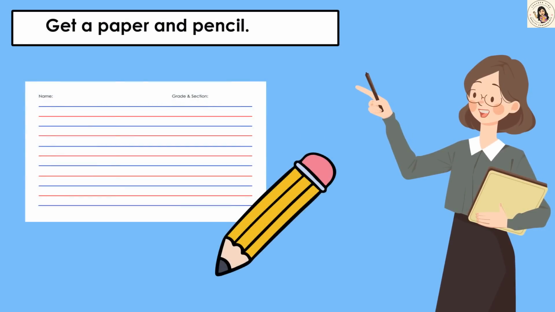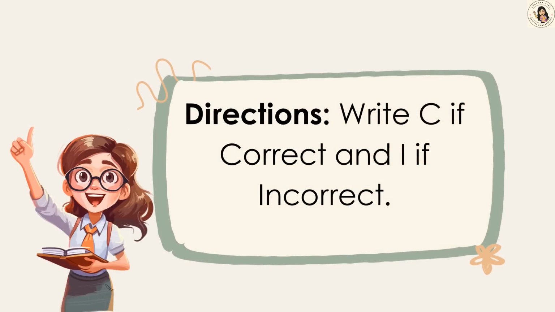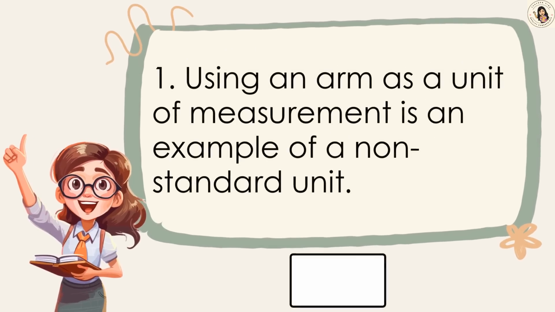Get a paper and a pencil. Directions: write C if correct and I if incorrect. Number 1. Using an arm as a unit of measurement is an example of a non-standard unit.